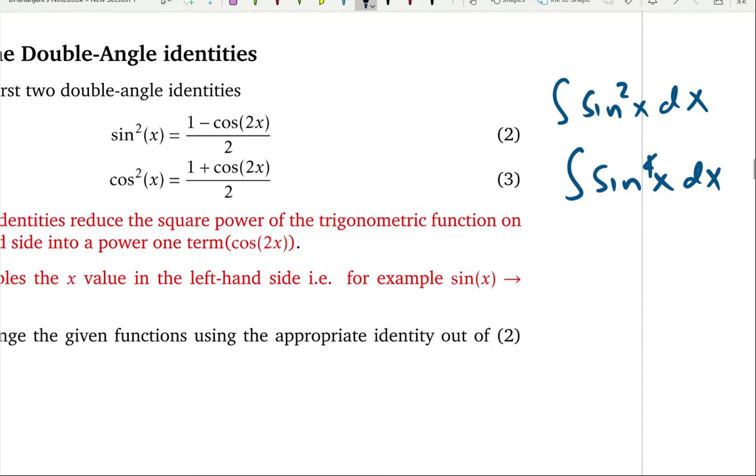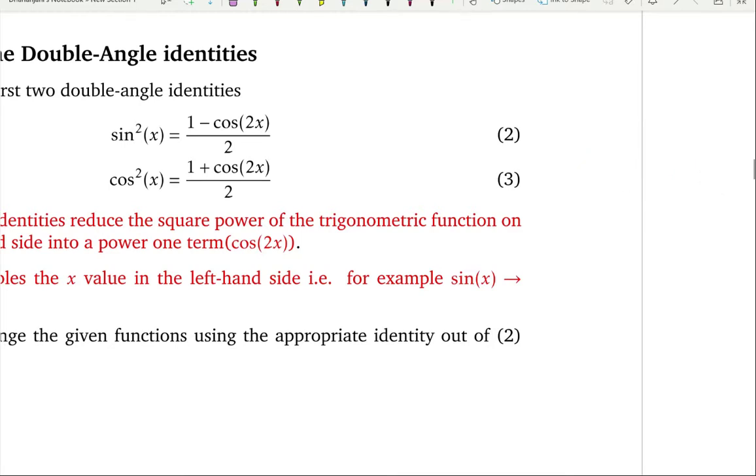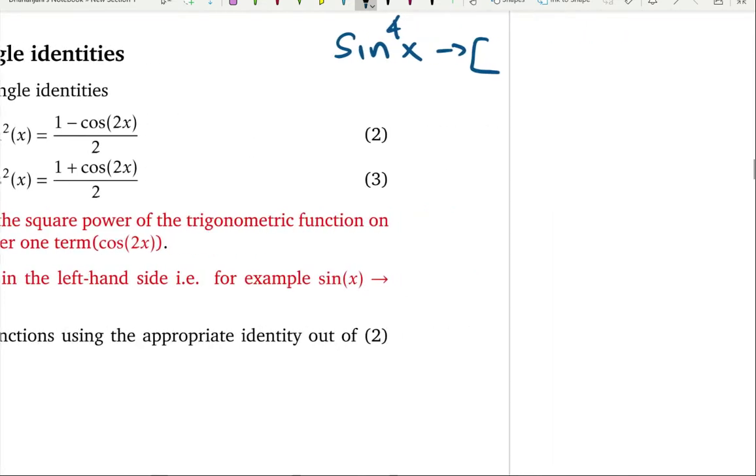The answer lies in the use of identities. Let me show you an interesting thing. If you remember my last video, we converted sine to the power 4x. We used the double angle identity over and over again, and we got a big expression, but every trigonometric function in the result was cosine to the power 1, because that is what the double angle identity does.